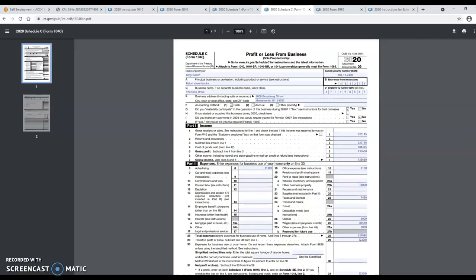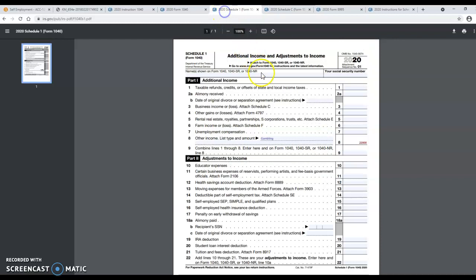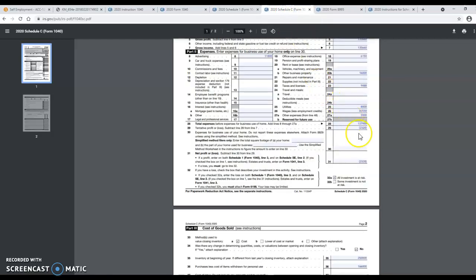So our Schedule C is now complete. It tells us to put this on Schedule 1, line 3. So we're going to go back to Schedule 1, line 3, and that is the 2328. Goes there. Okay.